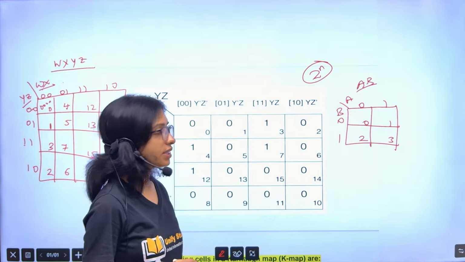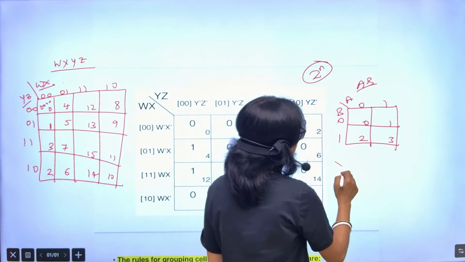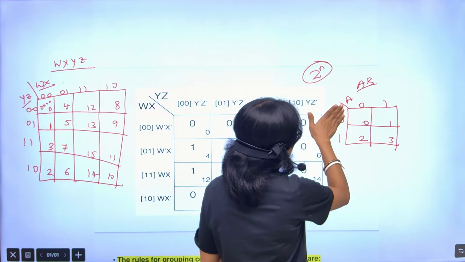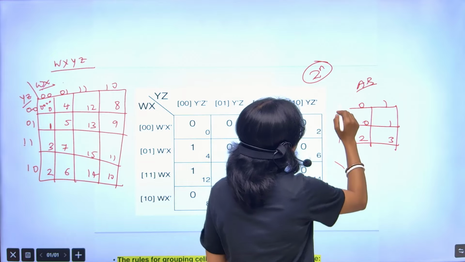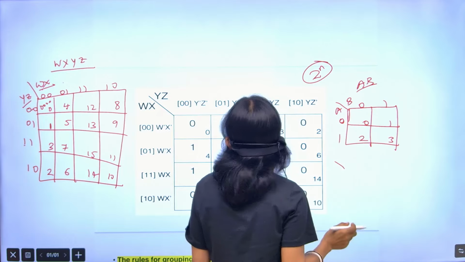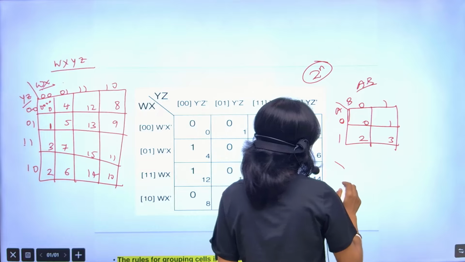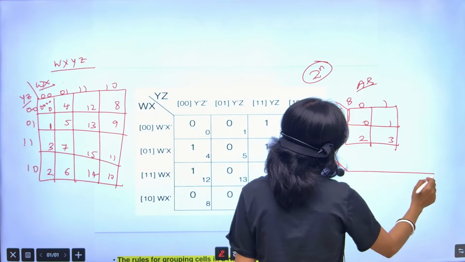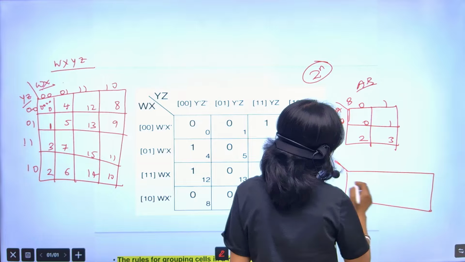Now if I am doing 3 variables, this is A, this is B. How to do it for 3 variables?